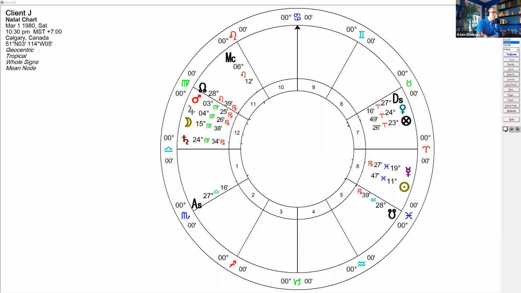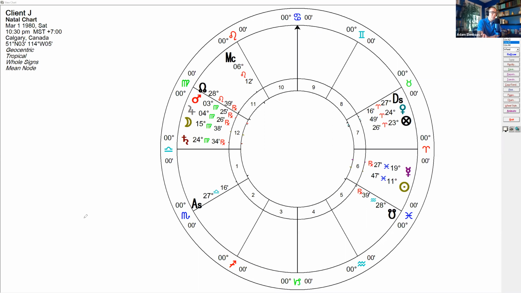Let's first of all see if we can identify where the general shakeup has come from, where we might see some evidence of the general shakeup in your life. When a client comes in and says, this is what I've been dealing with, it's important to validate what a person has already dealt with by identifying the astrology of what they've been going through in recent times.